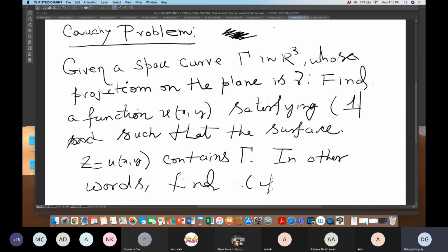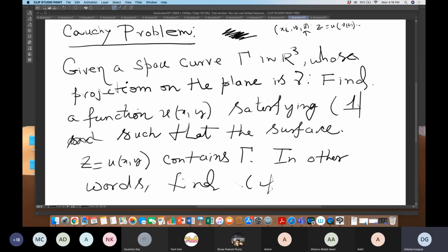That means the space curve gamma should look like (x, y, z), where z, the third variable, should be given by u of x, y. You understand? The surface contains gamma.